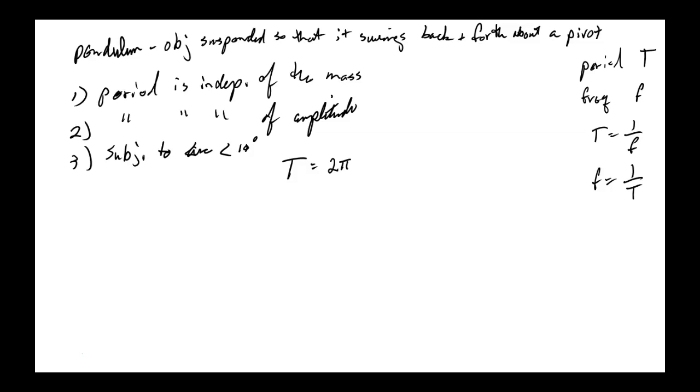Pretty amazing how much pi has to do with circular things, well, it has to do with this too. Okay? 2 pi times the square root of the length of the pendulum divided by the acceleration due to gravity.